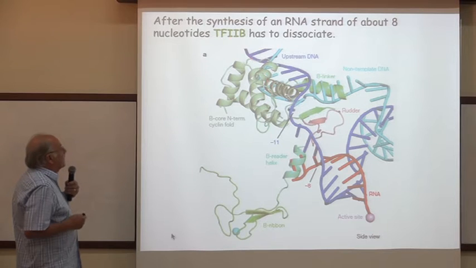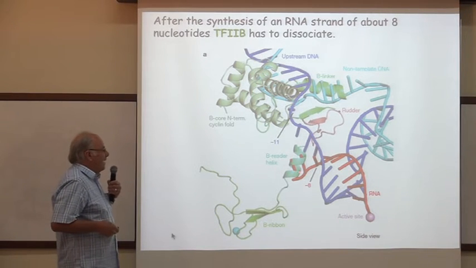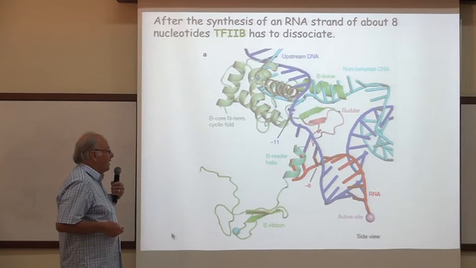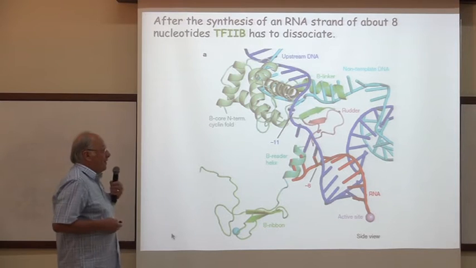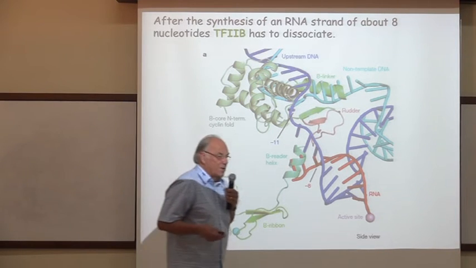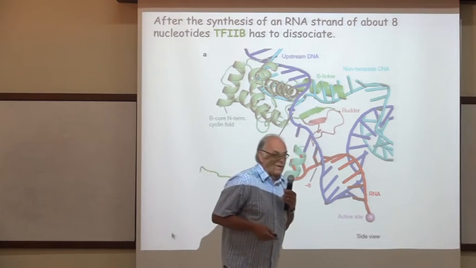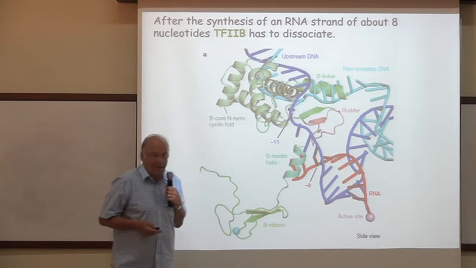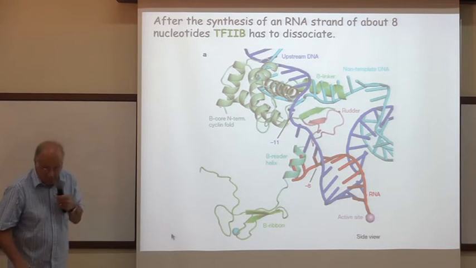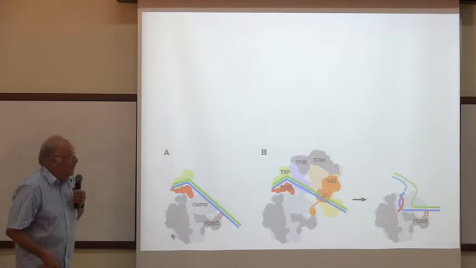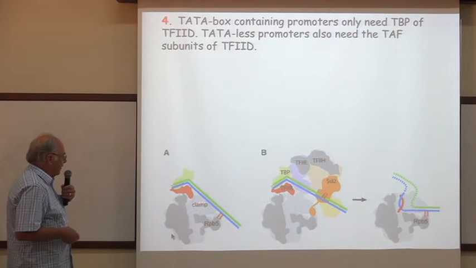But as it says here, once we have made roughly 8 nucleotides of RNA, then this collides with the TFIIB, and TFIIB will have to dissociate and fall off from the RNA polymerase, because now it's done its job and everything is in the proper shape to be proceeding. So this is then repeating what I've said already.